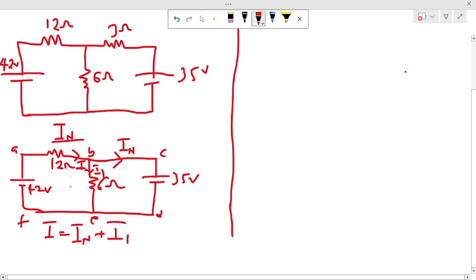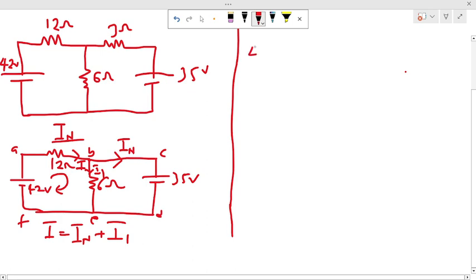So taking a loop A, B, E, F, A. Taking the loop in this direction, A, B, E, F, A, for us to get the voltage, you know that the current starts from here, A, B, E, F, to the negative terminal, then to the positive terminal at last.